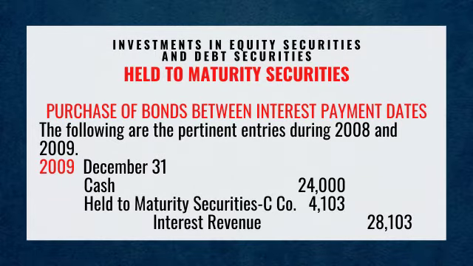Year 2009, December 31st: debit cash for 24,000 pesos, debit held to maturity securities C Company 4,103 pesos, and credit interest revenue for 28,103 pesos.